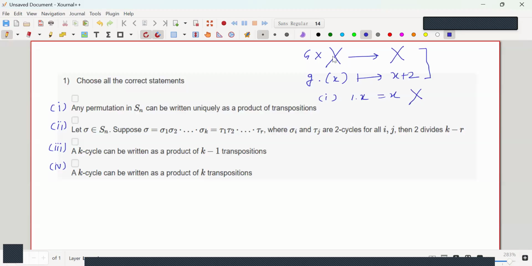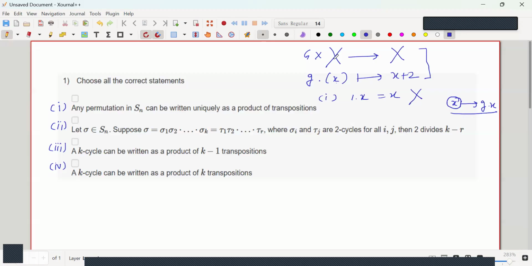Now, what a group action does is systematically reassign the elements of the set. It's a map from G cross X to X, so your x is getting mapped to g dot x. Before the group action, the point was this x, and after the group action, you got g dot x. So this group is somehow shuffling the elements of the set.